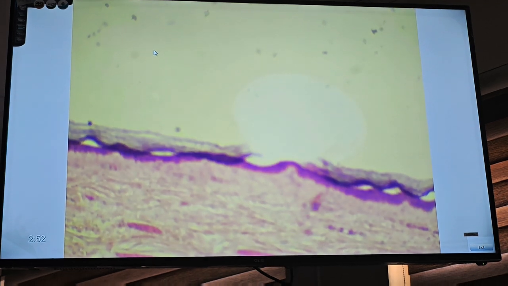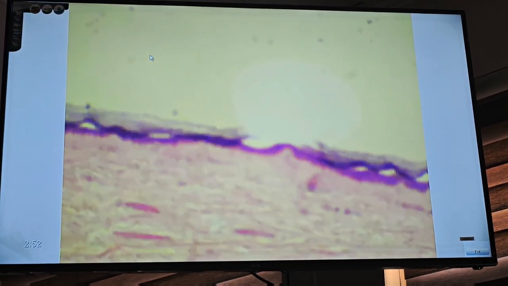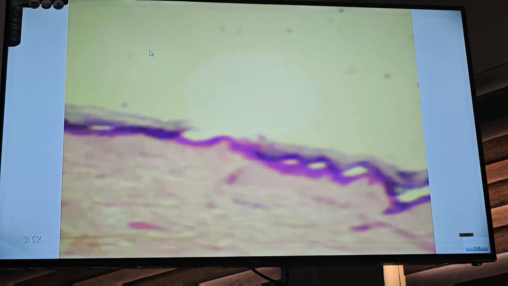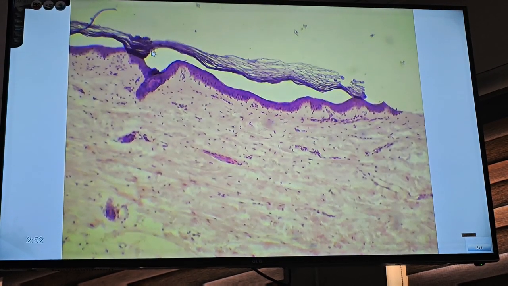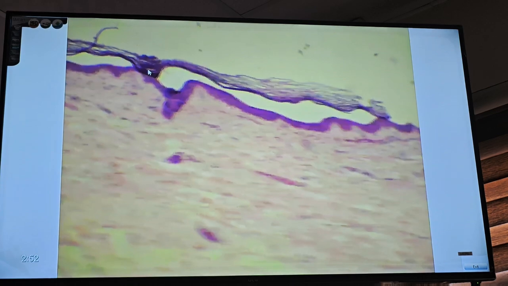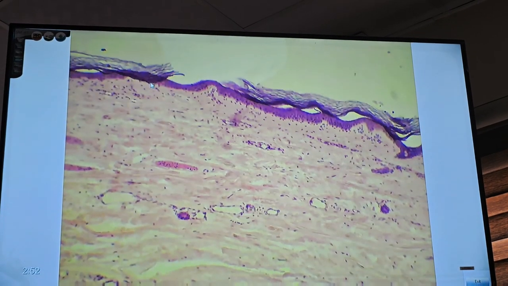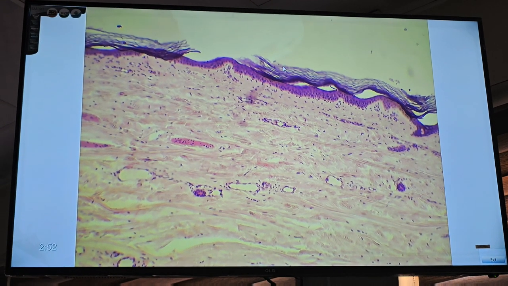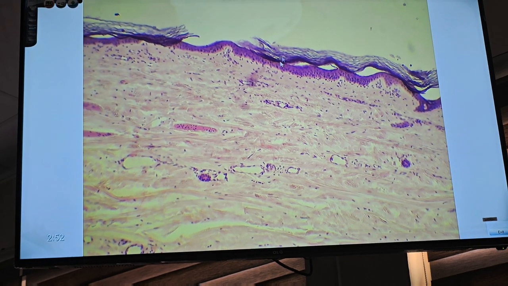This slide is a section in thin skin from Caucasian individuals. We can see a reduction in the number of cell layers with absence of stratum lucidum.